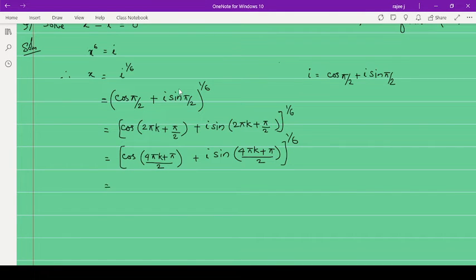Now take pi common, so it is cos of 4k plus 1 into pi divided by 2. So instead of writing it there, I am just writing it here, no particular reason. So i sin of 4k plus 1 into pi by 2, the whole raised to 1 by 6.